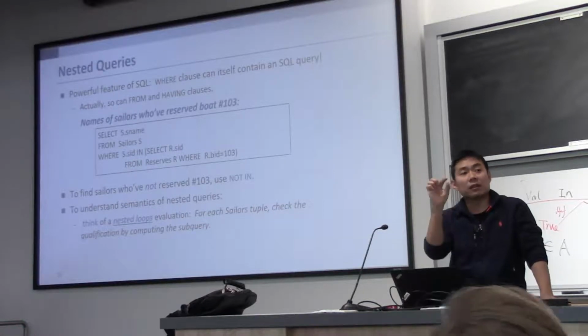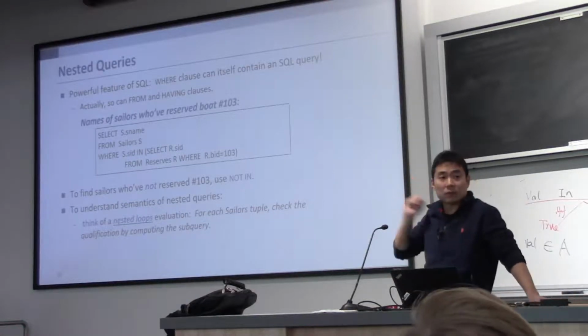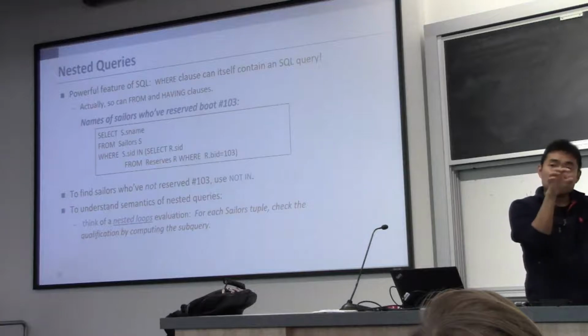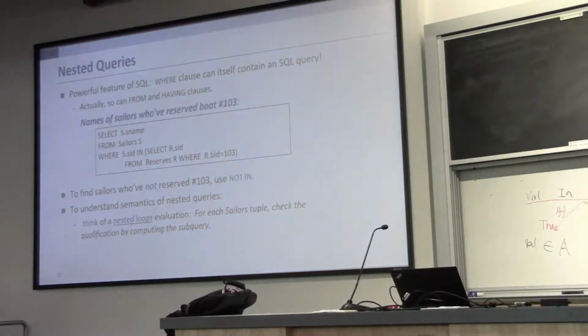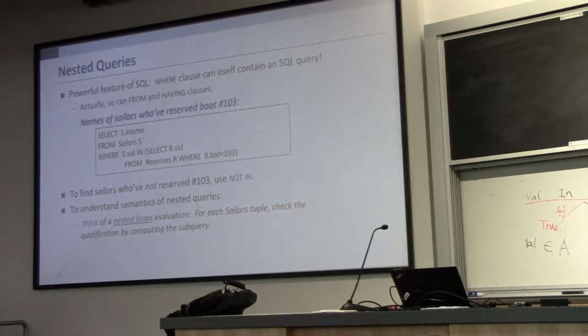And for each sailor, I'm going to check this condition, which is, I take the sailor ID of the current sailor record and check whether this is true or not. If it's true, I will return the current sailor record and redirect to the select clause, meaning I will print out the current sailor's name. If it's false, I will do nothing.